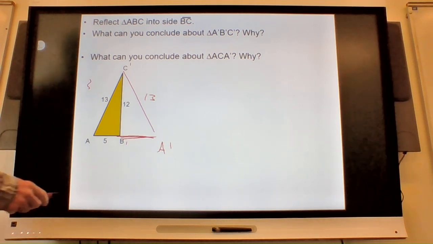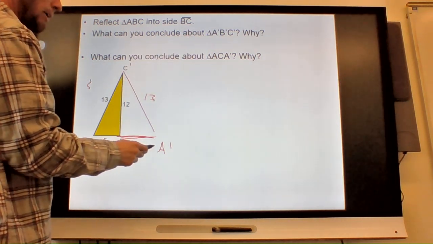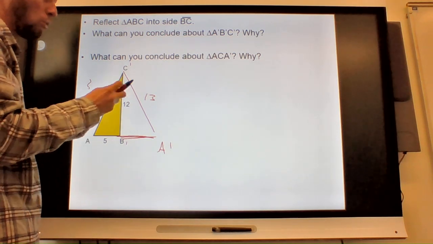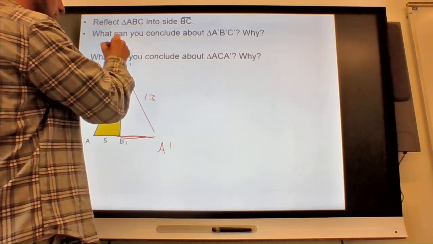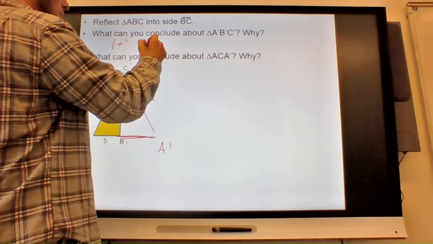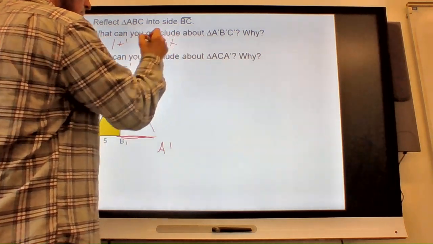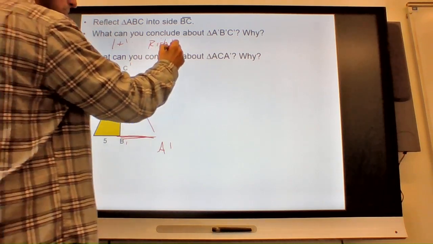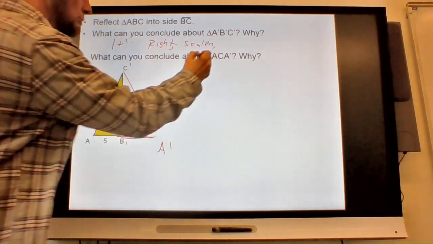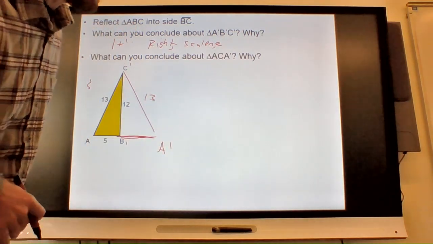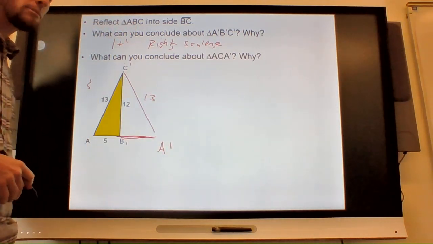Then I ask you to make a conclusion about this new triangle A prime, B prime, C prime. One of the conclusions you could come up with is that it's a right triangle. You might also say it's scalene. That's also true.